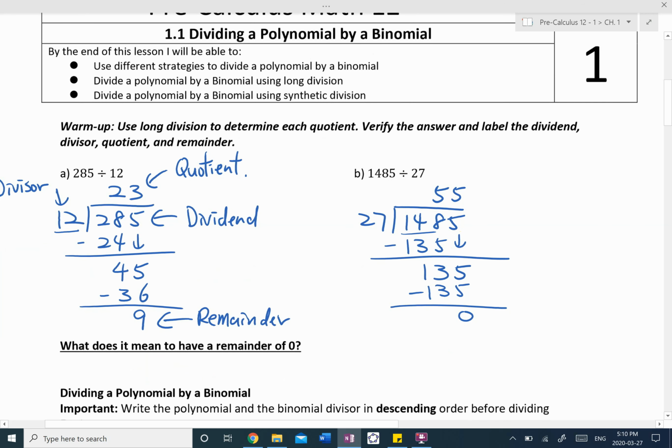So notice in the second warm-up question, we end up with a remainder of 0. So what exactly does that mean?